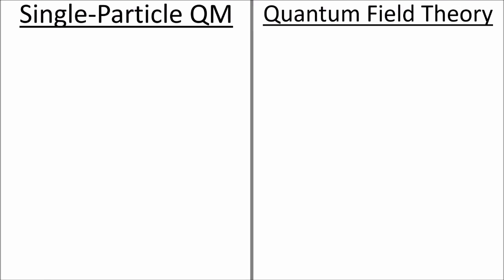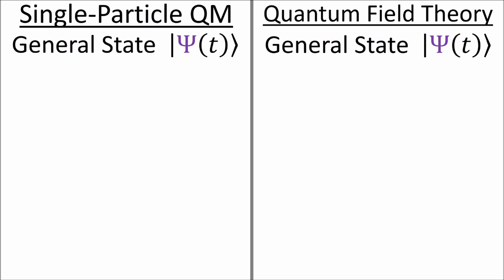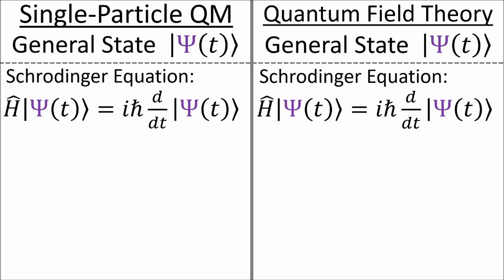So the key takeaway I want you to get from this video is that quantum mechanics and quantum field theory are not two totally different theories. Both involve a quantum state psi of t that evolves according to Schrödinger's equation and obeys unitary time evolution.